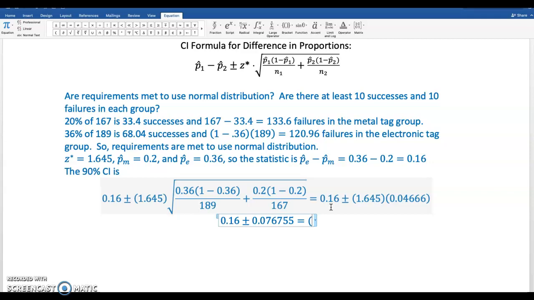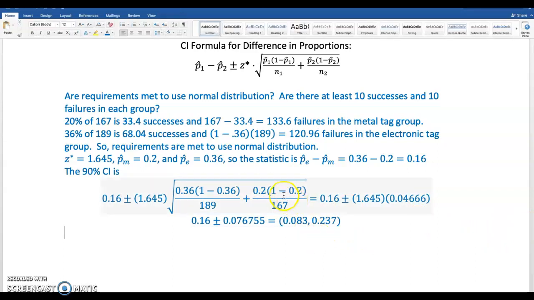If we take 0.16 and subtract this answer, the margin of error, we get about 0.083. And then if we add that value, 0.16 plus 0.076755, that's about 0.2367. So I'll round to 3 decimal places.